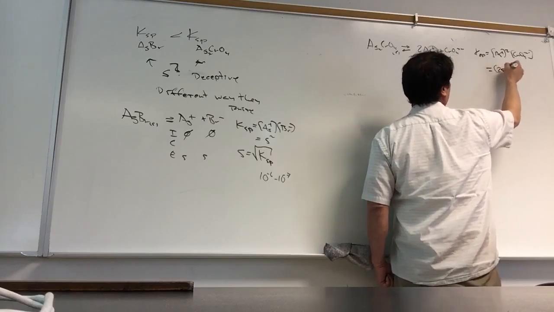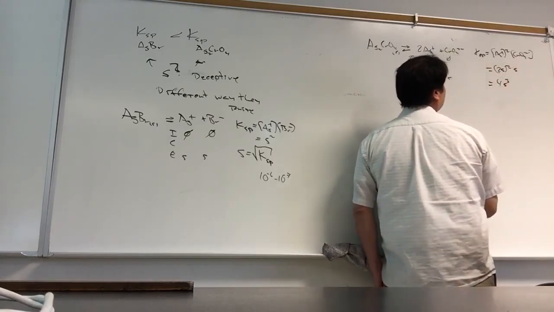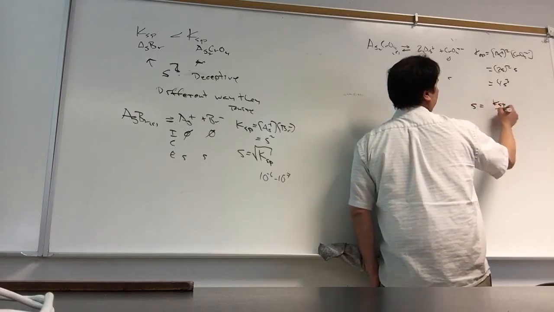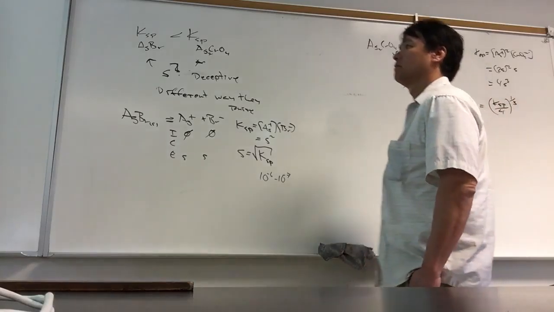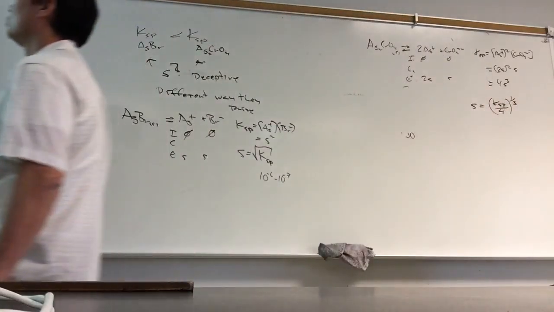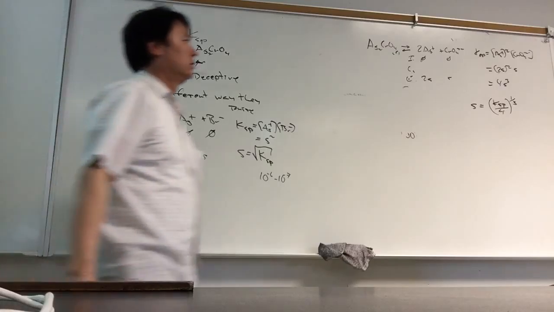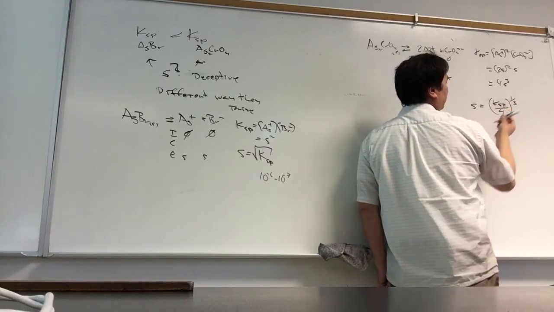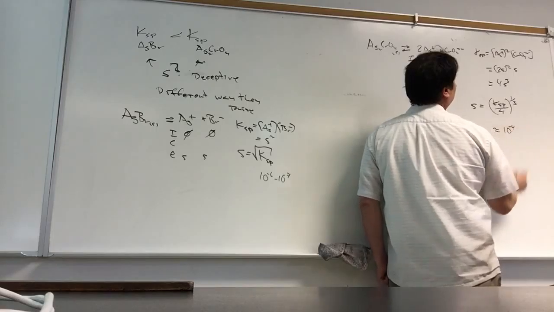So this is 2S squared times S. This is going to be 4S cubed. And so the solubility is the KSP divided by 4, to the 1/3. So we're just going to do an order of magnitude here. It's 10 to the minus 12. So 10 to the minus 12 divided by 3 gives you about 10 to the minus 4. So the solubility is about 10 to the minus 4 here.